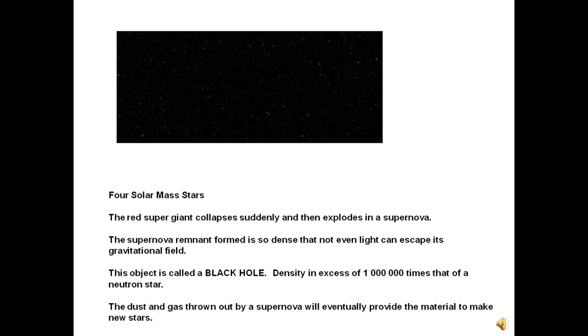The density at the center of a black hole is technically infinite. If you take a small black hole and you look at the density on the surface of that, it's about 1,000,000 times more dense than a neutron star, which, as we've already established, is very, very dense.